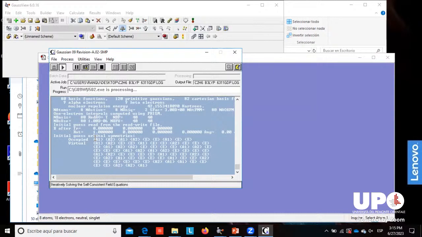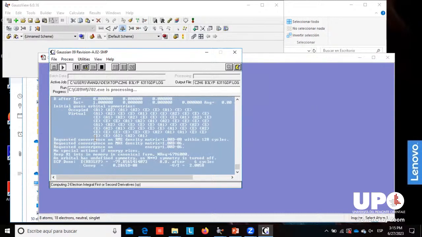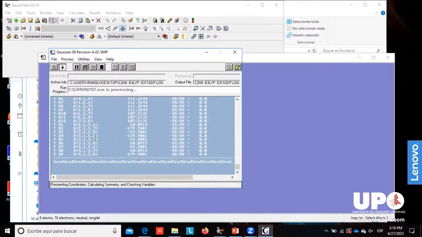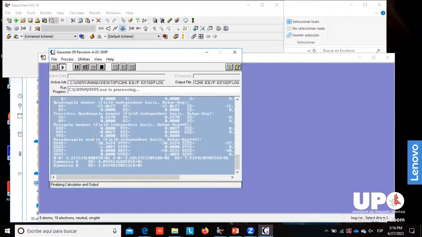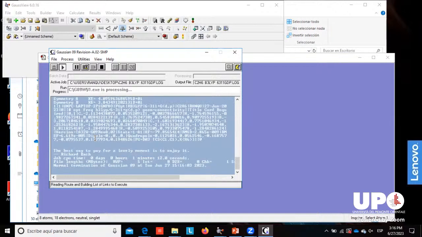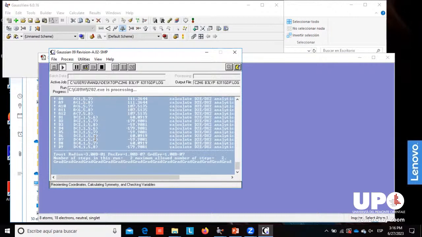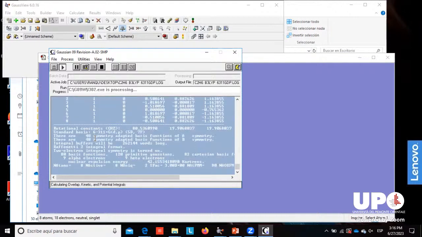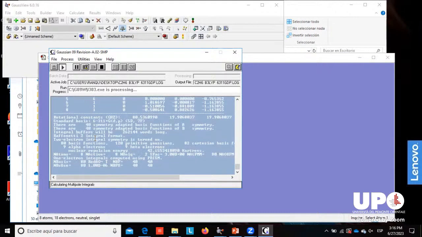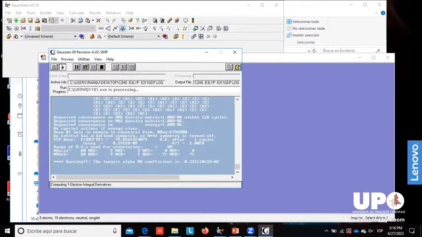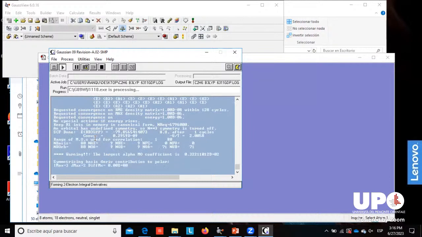Let's see how far I am, if I'm approaching the threshold for convergence. Now it's optimization completed, second derivatives, that's it. Yeah, it's starting now the frequency. So this is actually your output file, like the one I opened before with WordPad, and that is just going through the screen.